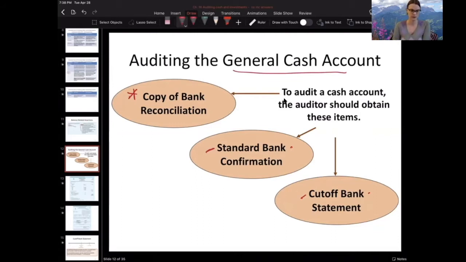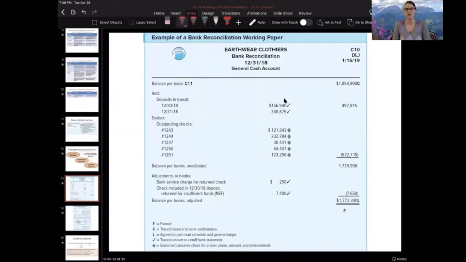And let's now talk through what each of these three items is. So the bank reconciliation is basically a document that reconciles the difference between bank balance per the bank. So that's why it always starts with bank balance per bank at the beginning.